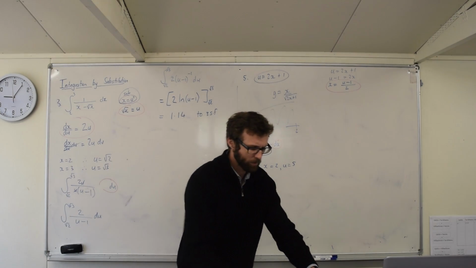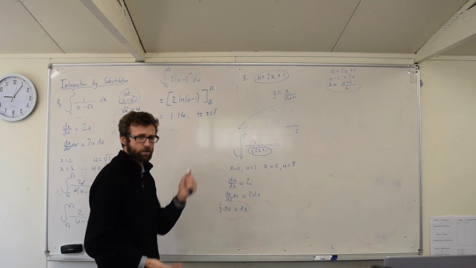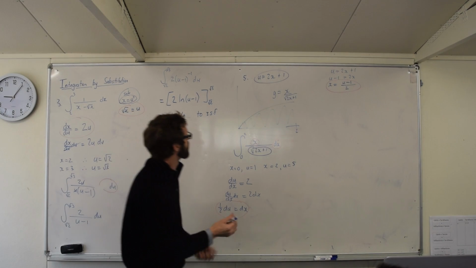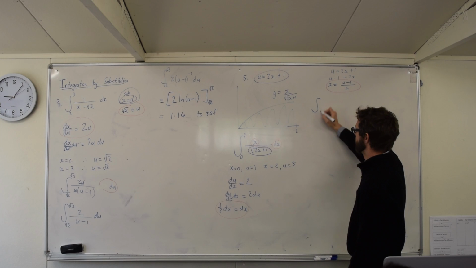Okay, what's our next thing going to be that we do here, do you think, Ishan? Put it all together, okay, so new limits are 1 and 5, right?